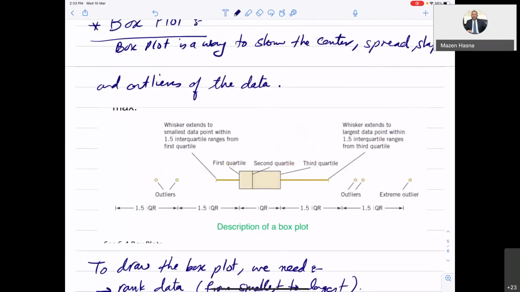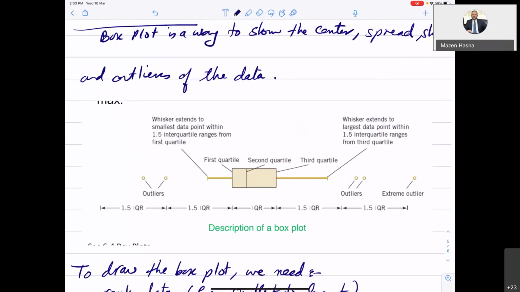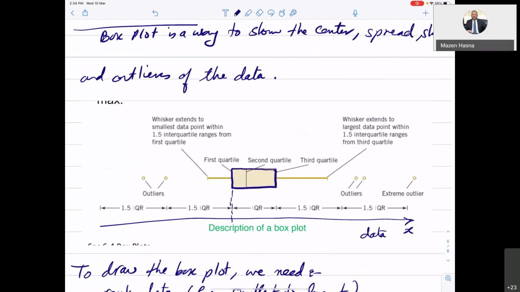So this is your x-axis. You have the data on the x-axis. This is the data axis. So you plot a box. The box starts at Q1 and ends at Q3, and you put in the middle point Q2.